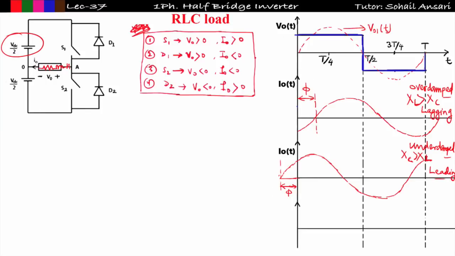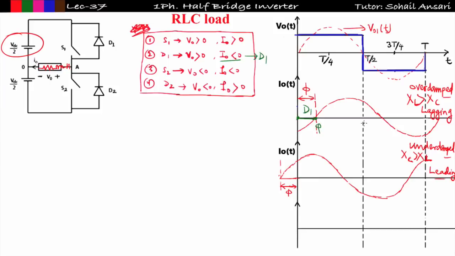Now see the conduction angle of each element. From 0 to phi, if I take the lagging load, first I will analyze the lagging load. From 0 to phi, you can see I naught is less than 0 and V naught is greater than 0, which means in that case D1 will conduct. So from 0 to phi, D1 will conduct.